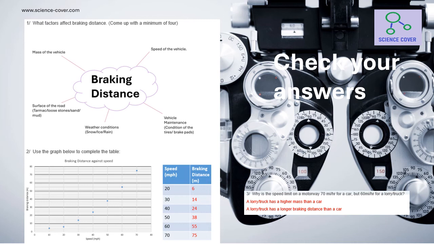What factors affect the braking distance? We have the mass of the vehicle, the speed of the vehicle, maintenance, such as the condition of the tyres, the brake pads, the weather conditions, whether it's snow, ice or rain, the surface of the road, whether it's tarmac or loose stones, sand or mud.